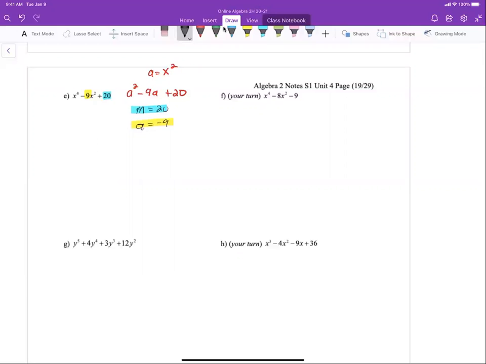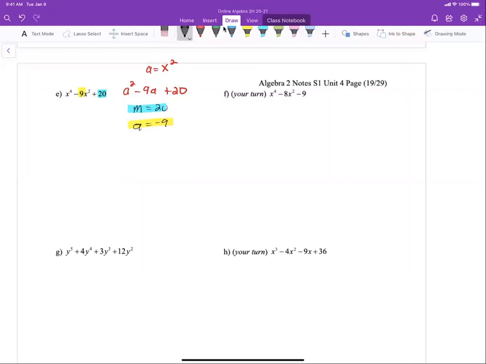I'm sorry, multiply to +20, add to -9. I lost my train of thought there for a minute. Sure enough, that's -4 and -5. But again, it's not quadratic upon x, it's quadratic with respect to x squared. So x squared minus 5 times x squared minus 4, okay?